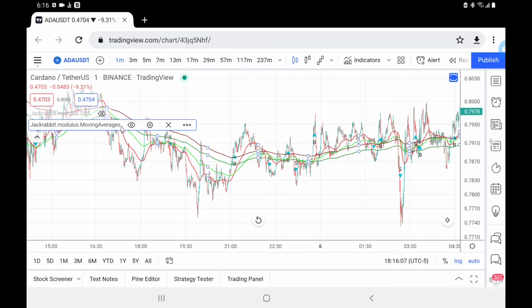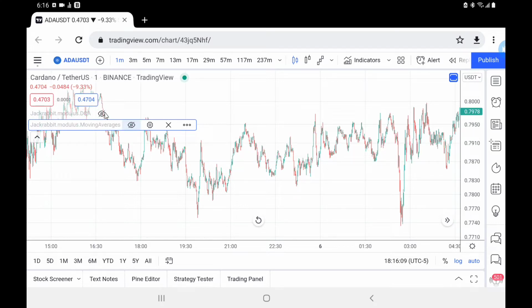Now let's hide the momentum and crossover, and look at the DCA module. It comes in, it waits, hits its simple take profit of 1%, and it's out. Nice and easy.